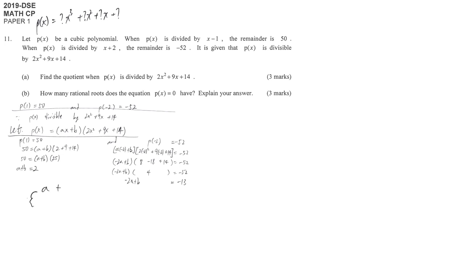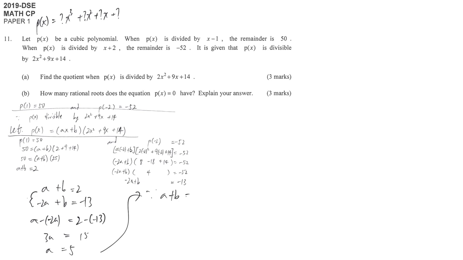We get two equations. a plus b is equal to 2, and negative 2a plus b is equal to negative 13. Subtracting, a minus negative 2a is equal to 2 minus negative 13, so a equals 5. Since a plus b is equal to 2, 5 plus b is equal to 2, so b is equal to negative 3.